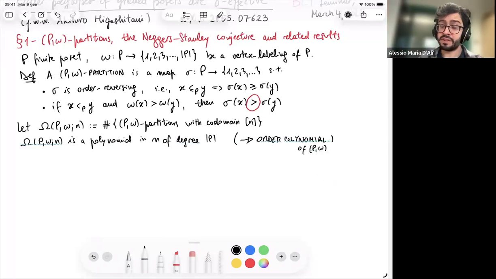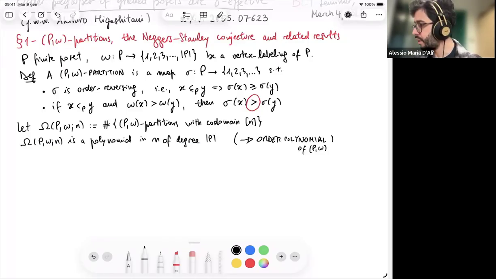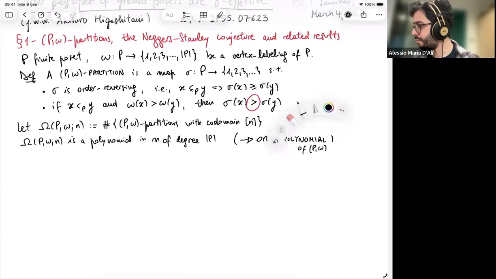And if this screams Ehrhart counting to you, you would be right in the sense that we are going to see how to interpret these results in a polytopal setting soon. So for now, we just have this thing that would be, like in the analogy, the Ehrhart polynomial of some object. And then if I have an Ehrhart polynomial, I kind of expect to get an h-star polynomial as well.